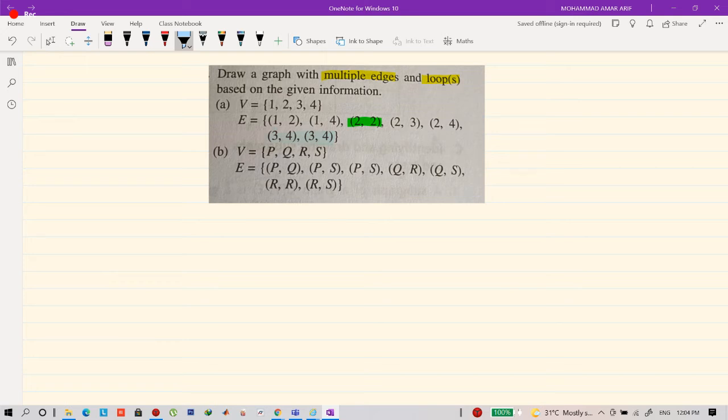So now what we can do here is, you can draw 4 dots, 4 points. So for question A we have number 1, number 2, number 3 and number 4.